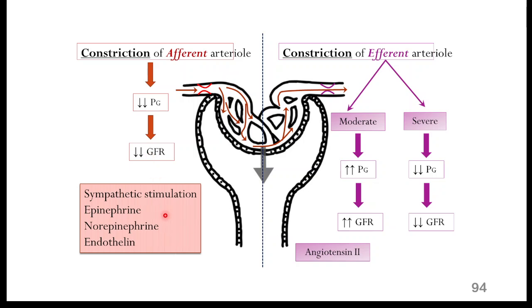Some of the things we listed earlier can cause this vasoconstriction. But if you constrict the efferent arteriole, and the constriction is moderate or just for a brief period of time, it will increase the hydrostatic pressure within the glomerulus and thus increase the GFR.